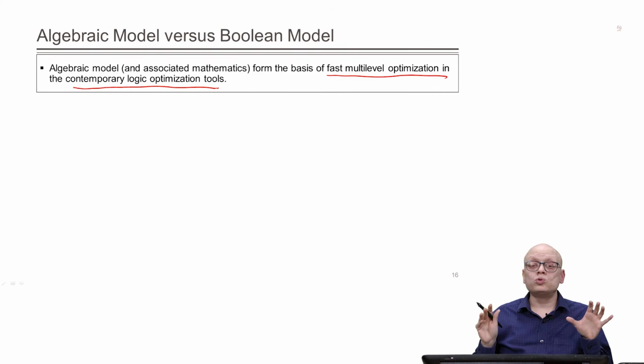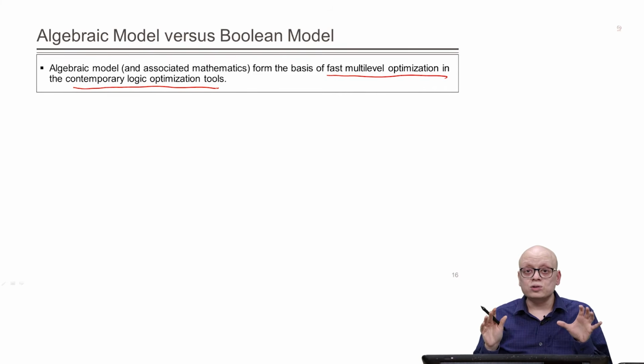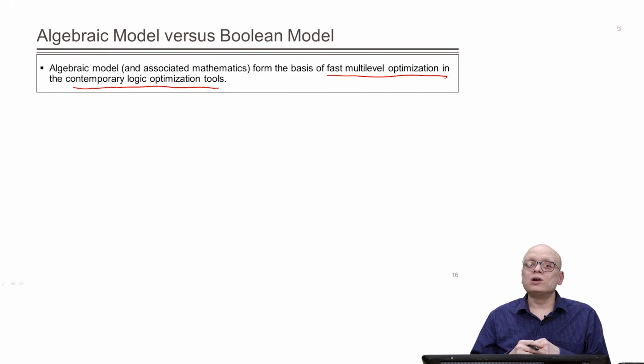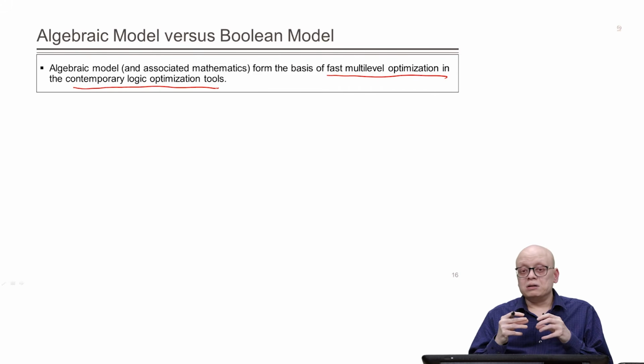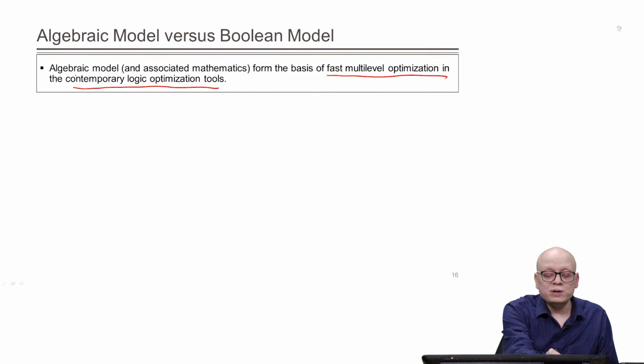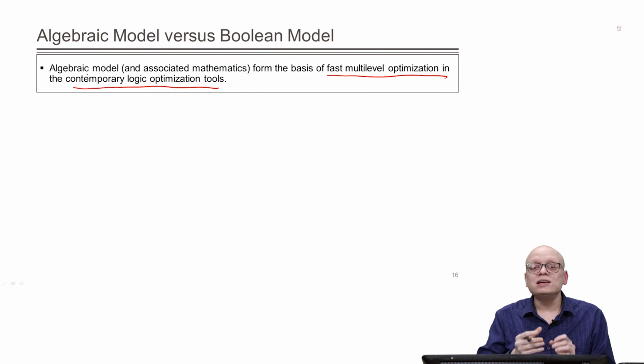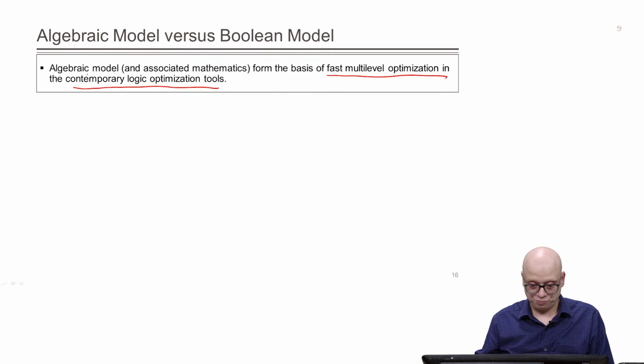Most of these advanced logic synthesis tools internally use this multi-level logic optimization. And why are these techniques efficient? The root is the algebraic model and its associated mathematics. If you want to go into depth, please look into the references that I will list at the end of this lecture.